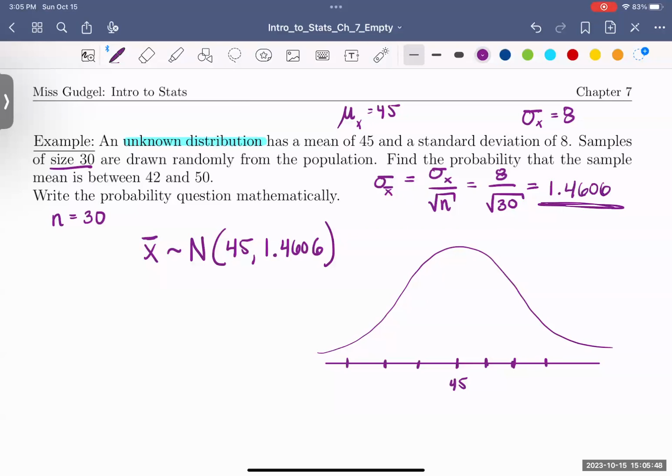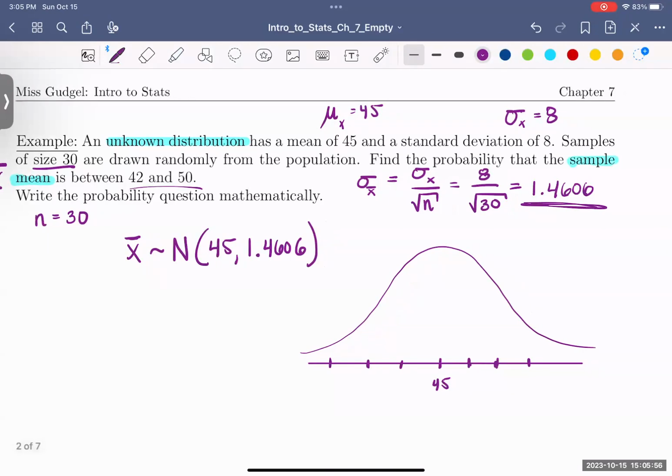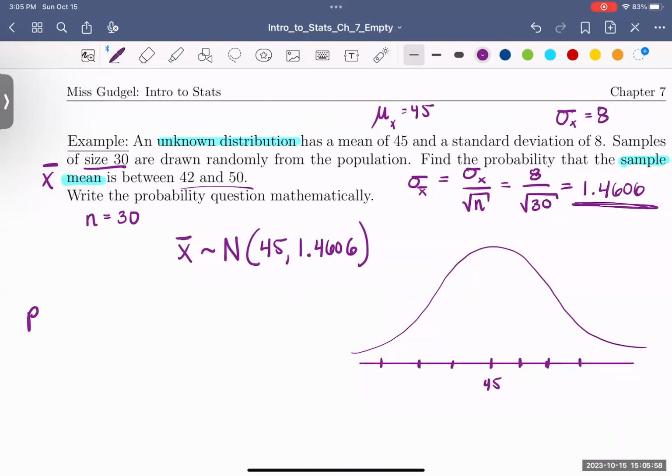And we are looking for the probability that the sample mean, that's our X bar, is between 42 and 50. The probability that X bar, the sample mean, is between 42 and 50. Remember that if you're between, your inequalities are getting bigger as you go. 42 is the smallest number.